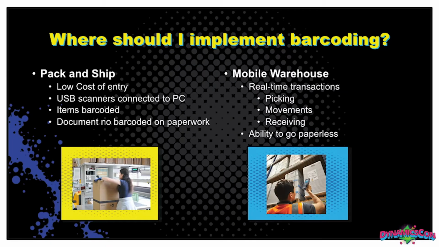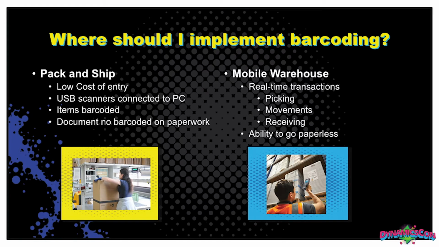When we set a process with the barcodes, it's going to work the same no matter what size you're at currently. Barcodes are also going to give us the ability to really start simple and add complexity. Once we have item numbers barcoded or document numbers barcoded, we have the ability to take up that complexity as we go along.